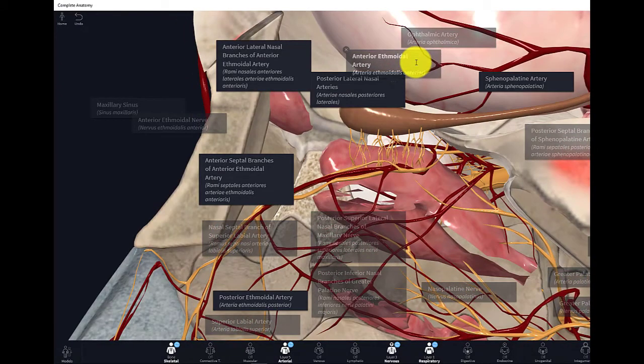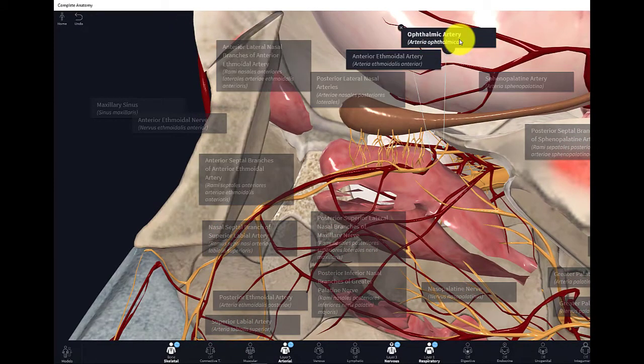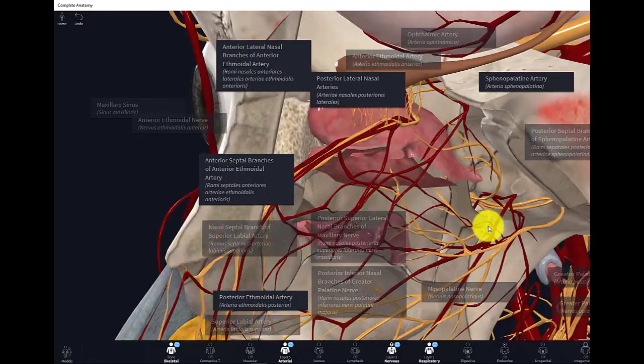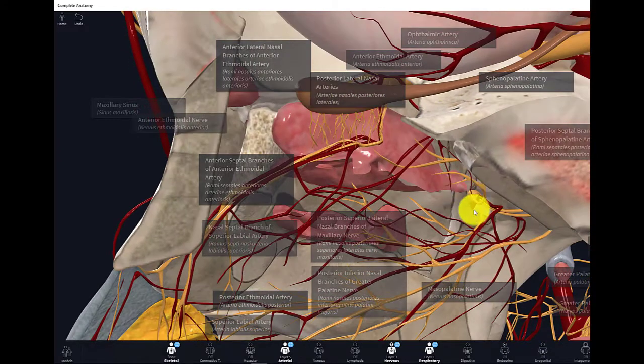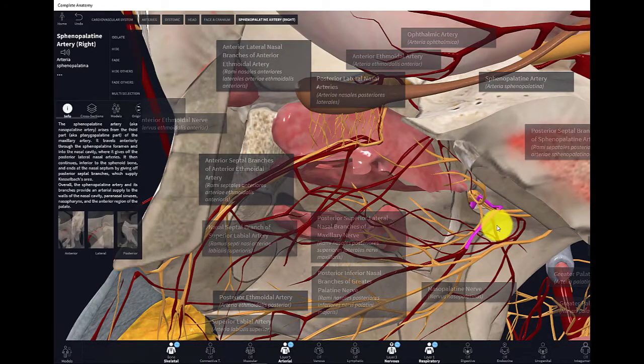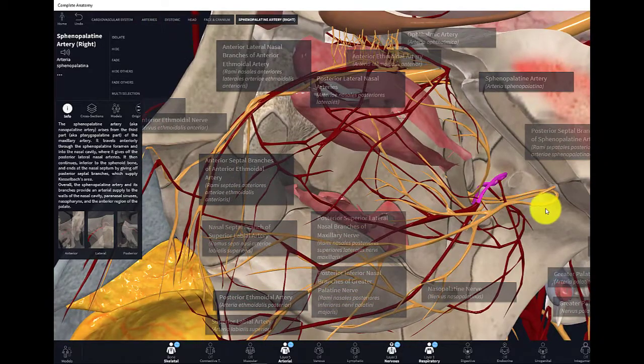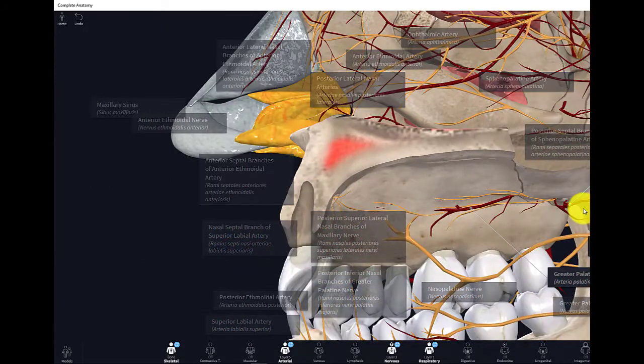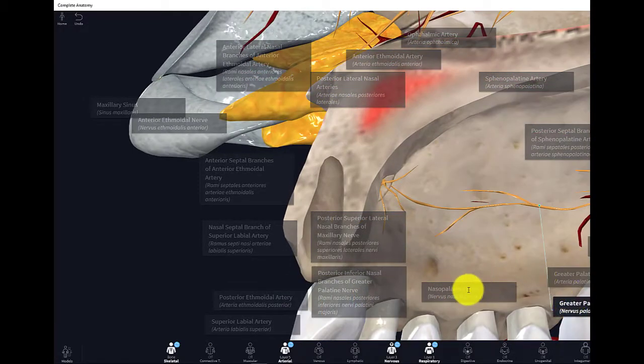You have the anterior ethmoidal artery, which is a branch of the ophthalmic artery. Then you have the sphenopalatine artery, shortly after it comes through the sphenopalatine foramen, its opening down here. After that, you will then have your posterior septal branches of the sphenopalatine artery, and you're going to have a lesser palatine artery, lesser palatine nerves, greater palatine artery, greater palatine nerves, and then the nasopalatine nerve, which is going to be right here.